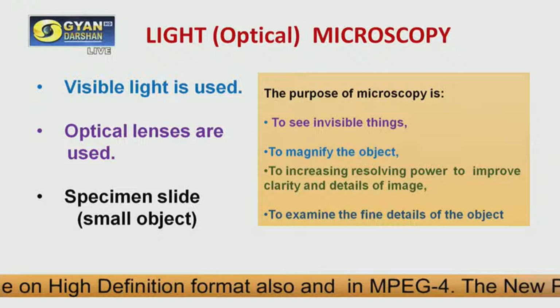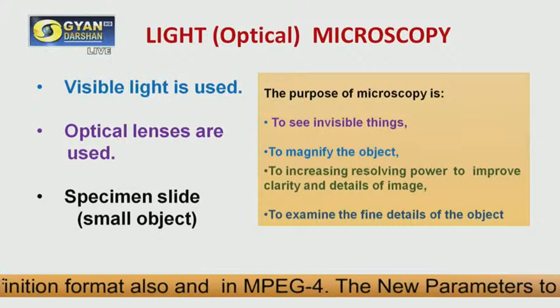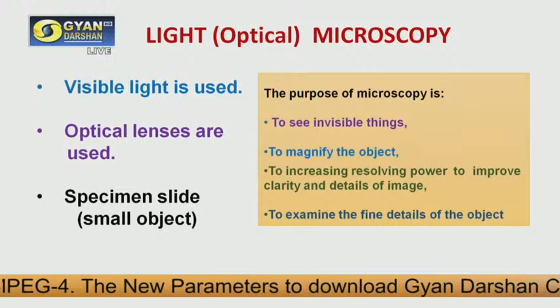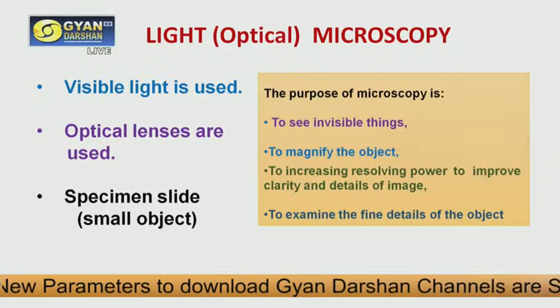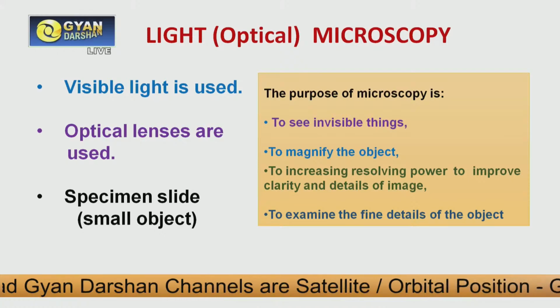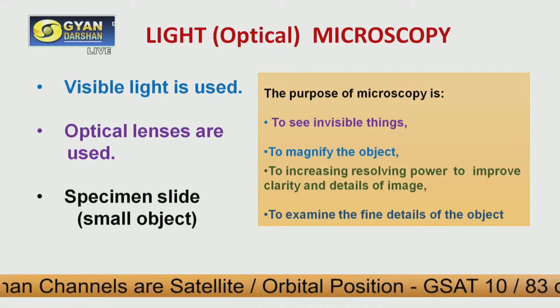The basic purpose of microscopy is to visualize the invisible things that are too small, to magnify the object, to increase the resolving power, to improve the clarity and details of the image, and to examine the finer details of the objects.